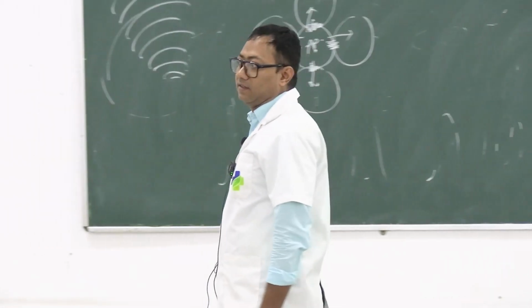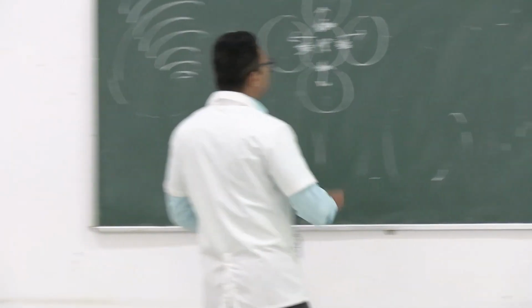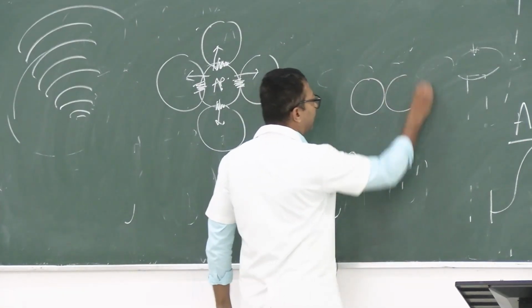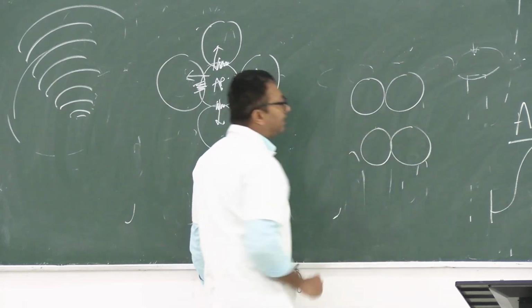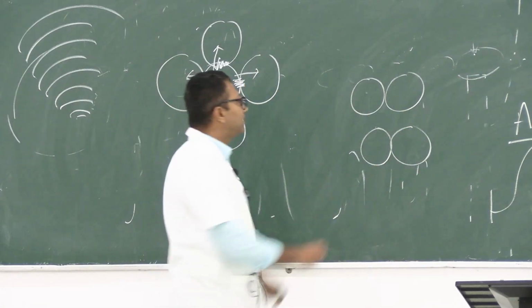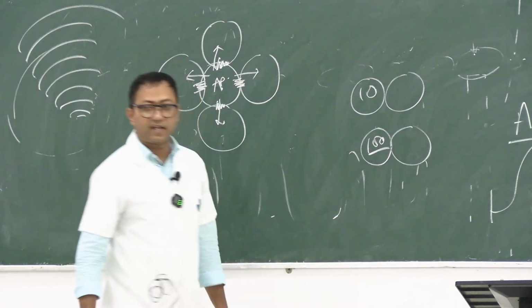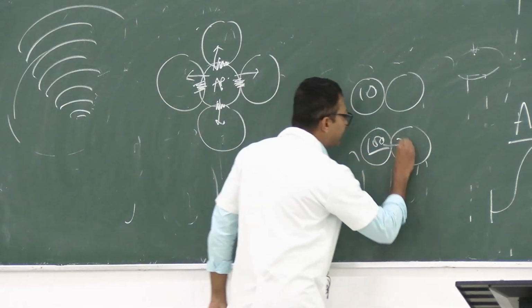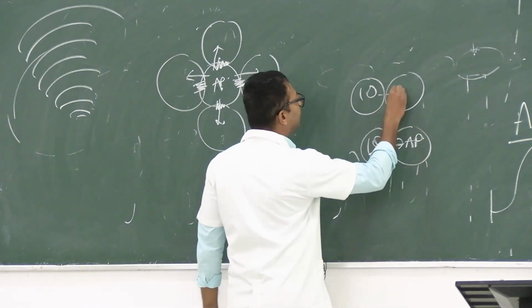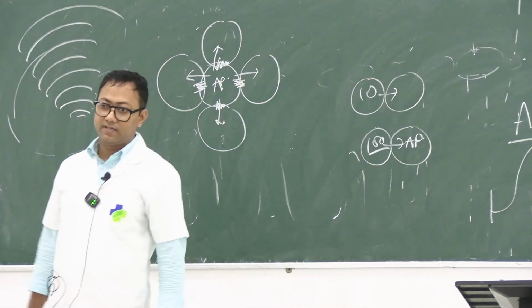ठीक है? So say ये वाला एक सेल है, ये वाला एक सेल है, ये भी सेल, right? Now इस सेल में 10 गैप जंक्शन है and इस सेल में 100 गैप जंक्शंस है, right? So it will transmit the action potential more efficiently than this one.